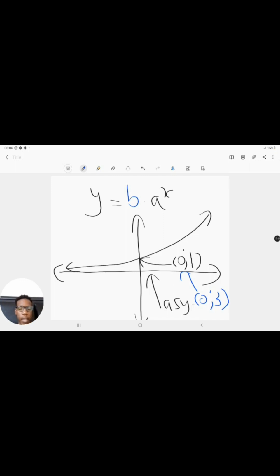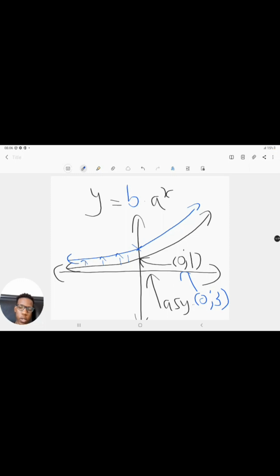So the y-intercept for our new graph will be at that point there, up there, and then our graph will do that, where this graph goes up by a factor of 3.